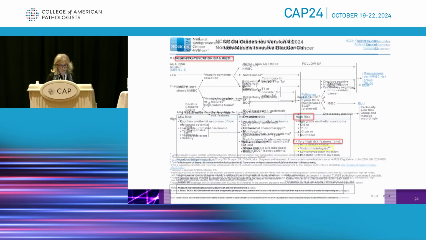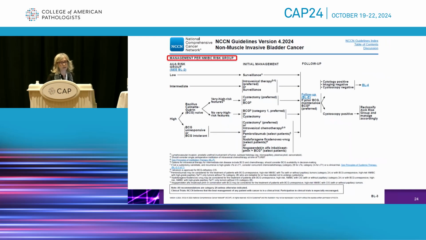And if we look at the management in non-muscle invasive bladder cancer by risk group, in patients that have high risk, you will see the recommendation in patients that have very high risk features, which are defined as lymphovascular invasion, prostatic urethral involvement, subtype histology.